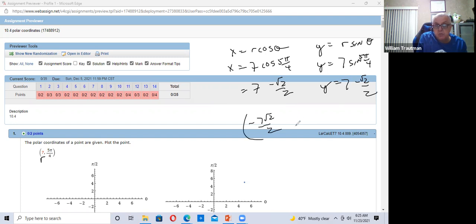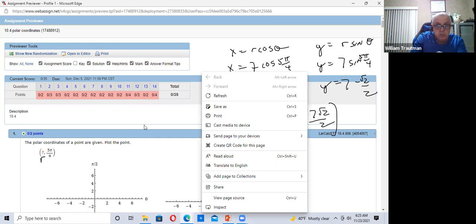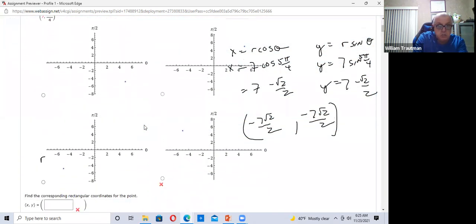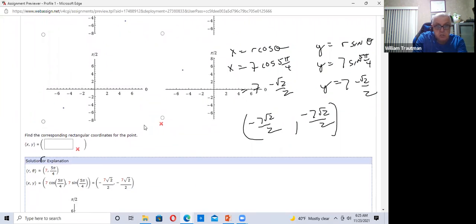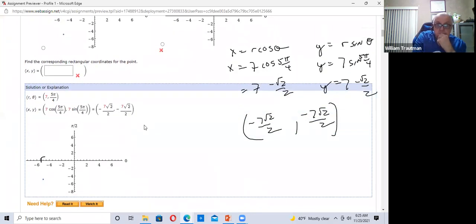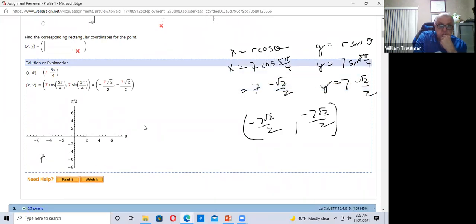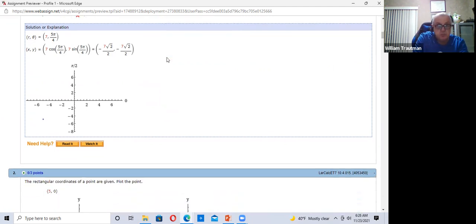So there's my x coordinate, and there's my y coordinate. And that's what we got. We're just using the formulas to plug this stuff in.